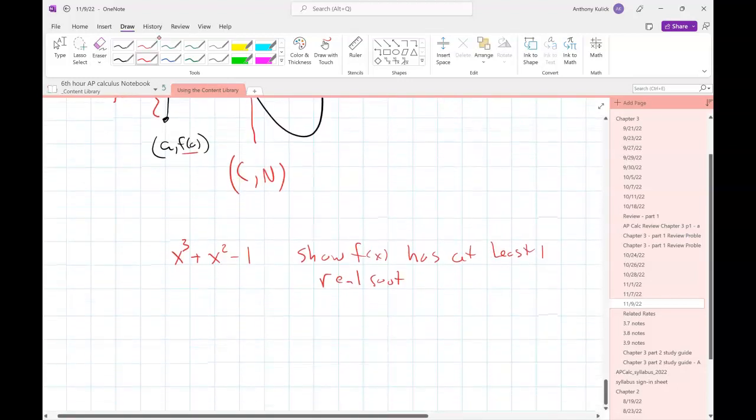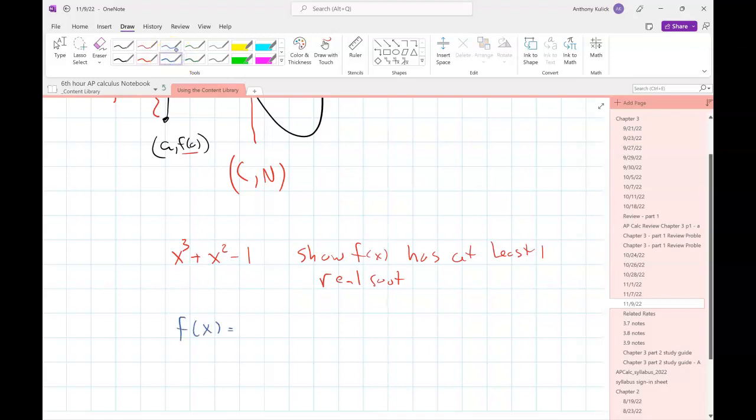So what I want to do is show that for f of x equals this, there exists some c in the real numbers such that f of c is equal to 0. So this 0 is like my n in the statement.